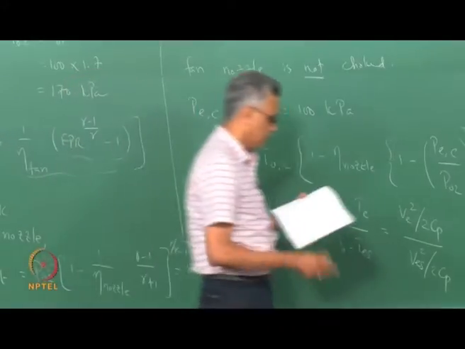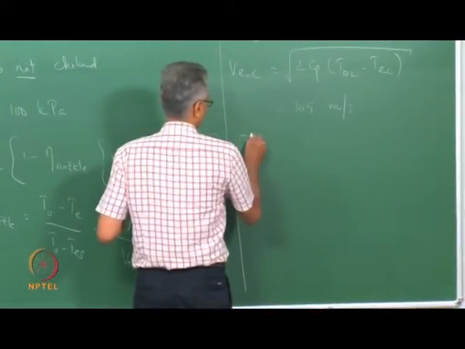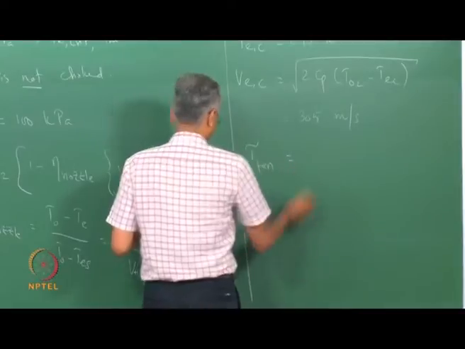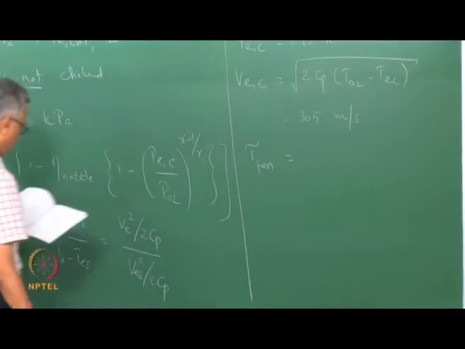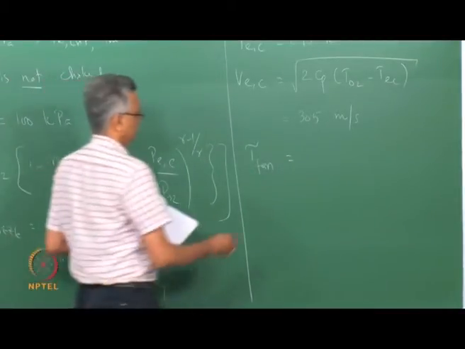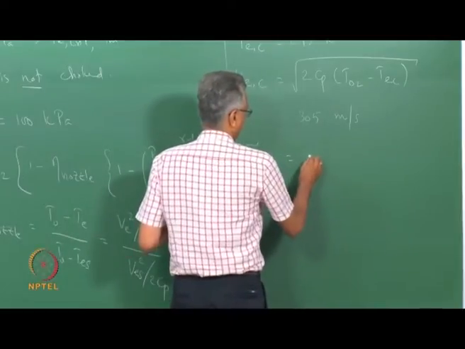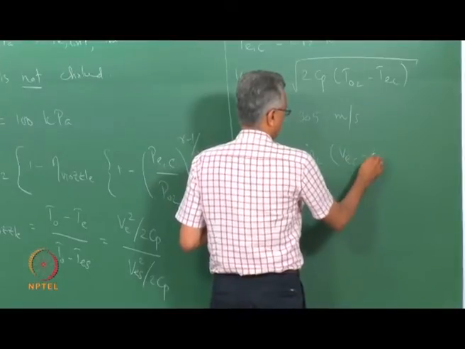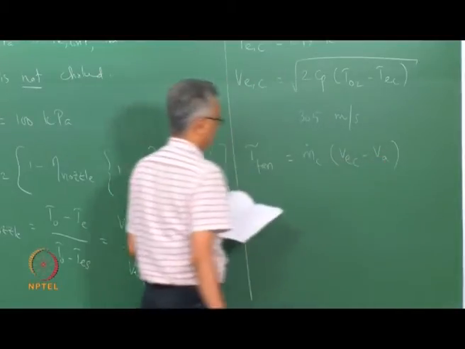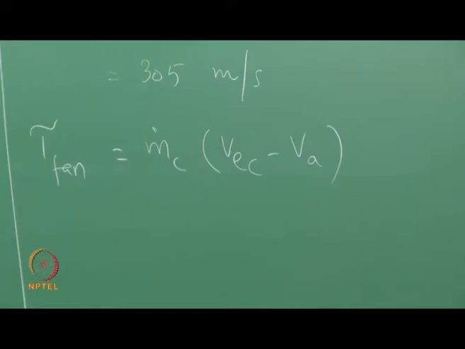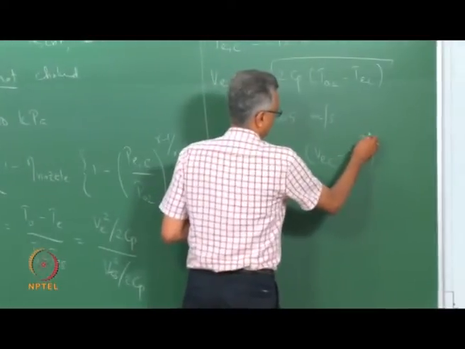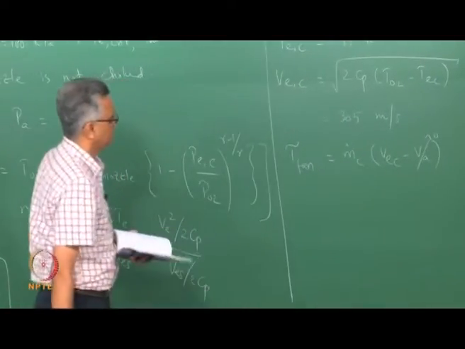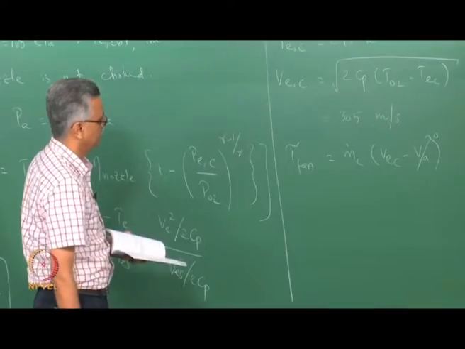So, the thrust from the fan comes out to be m dot C times VEC minus VA, and VA itself is equal to 0 because the engine is on a static thrust stand.